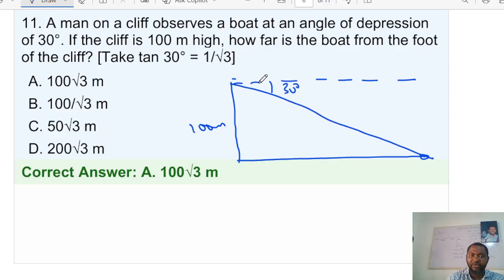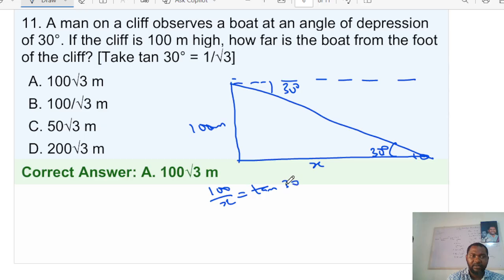But like I told you, in depression, if this is 30, this is also 30. Let's call the distance x. This is opposite and x is adjacent, so 100 over x is equal to tan 30.